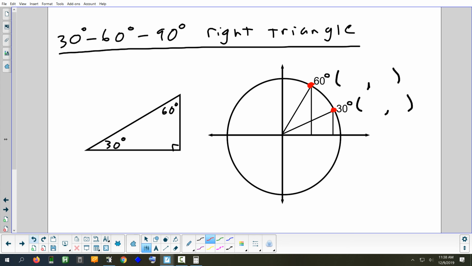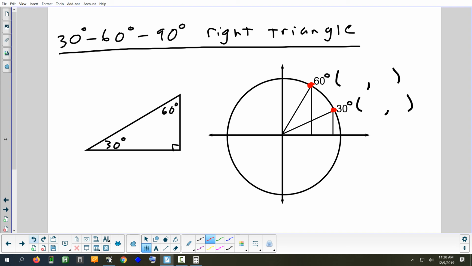Emily? Well, the x value is going to be further away in one of them, and then the y value is further away in the other one, or bigger.